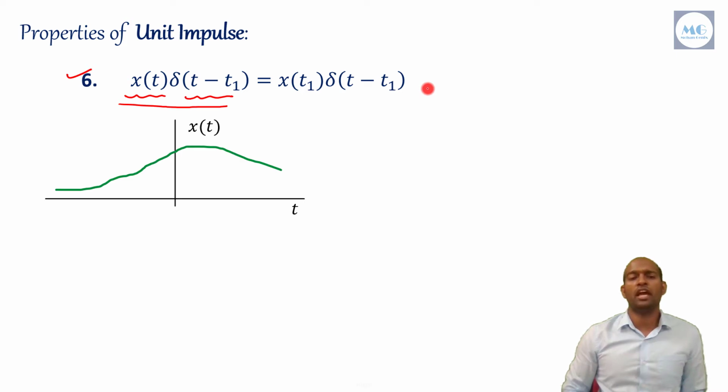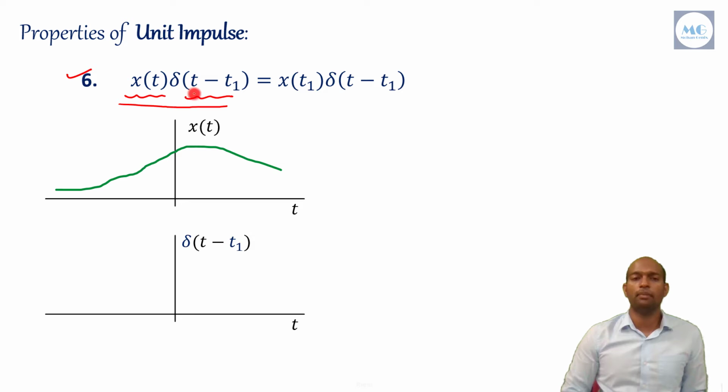So let's suppose any function x(t) is like this. It is the function x(t). And see here what we have to do. We have to multiply x(t) with δ(t − t1). So let's draw the impulse function δ(t − t1). To draw δ(t − t1), we have to shift our δ(t) function by t1. This is our δ(t) function, which is placed at t = 0.